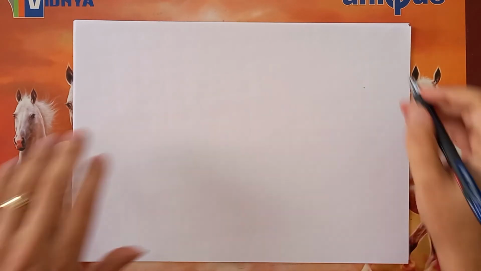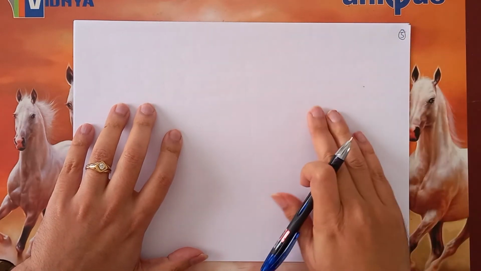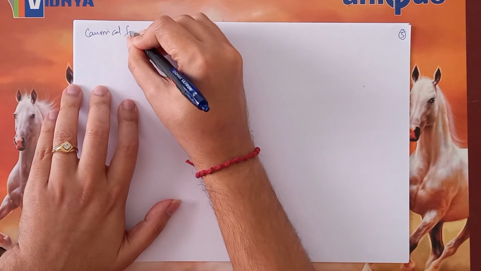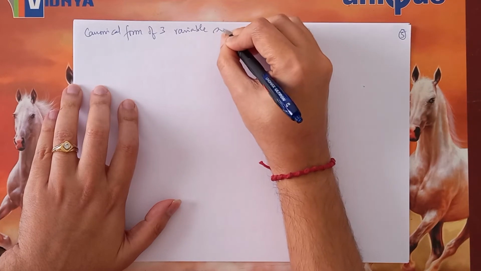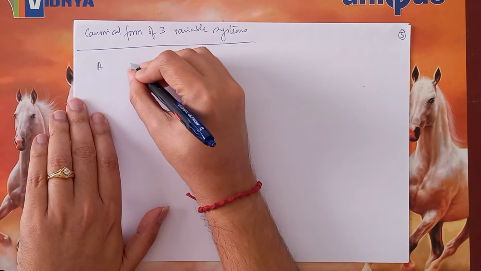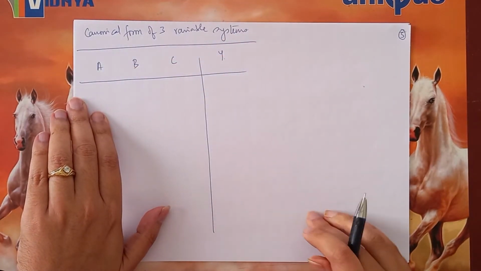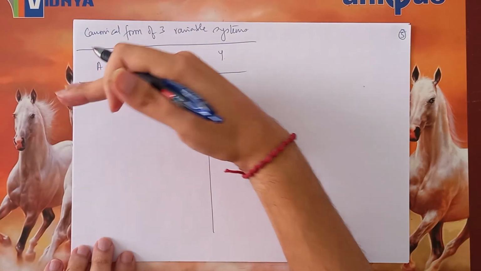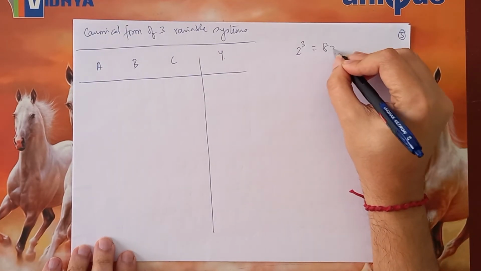Let us now look at 3-variable systems. Suppose I have A, B, C and Y. The way to write the truth table would not change. There will now be 2 raised to 3, that is 8 rows.